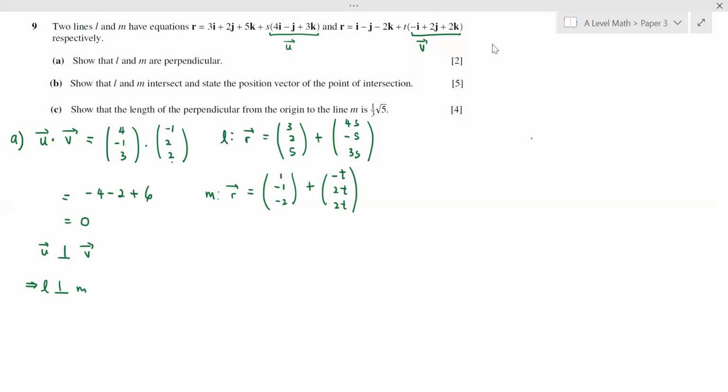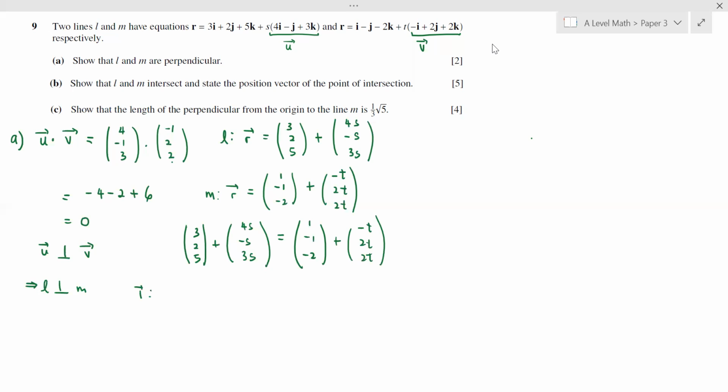There must be a common position vector. So equating these two, we have (3, 2, 5) plus (4s, -s, 3s) equals (1, -1, -2) plus (-t, 2t, 2t).